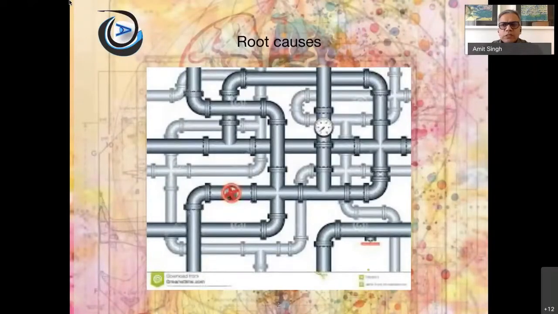Root causes, as you can relate with a tree: you can see the trunk and the foliage, but below the tree is the foundation. The roots split into multiple parts which hold the whole tree together.